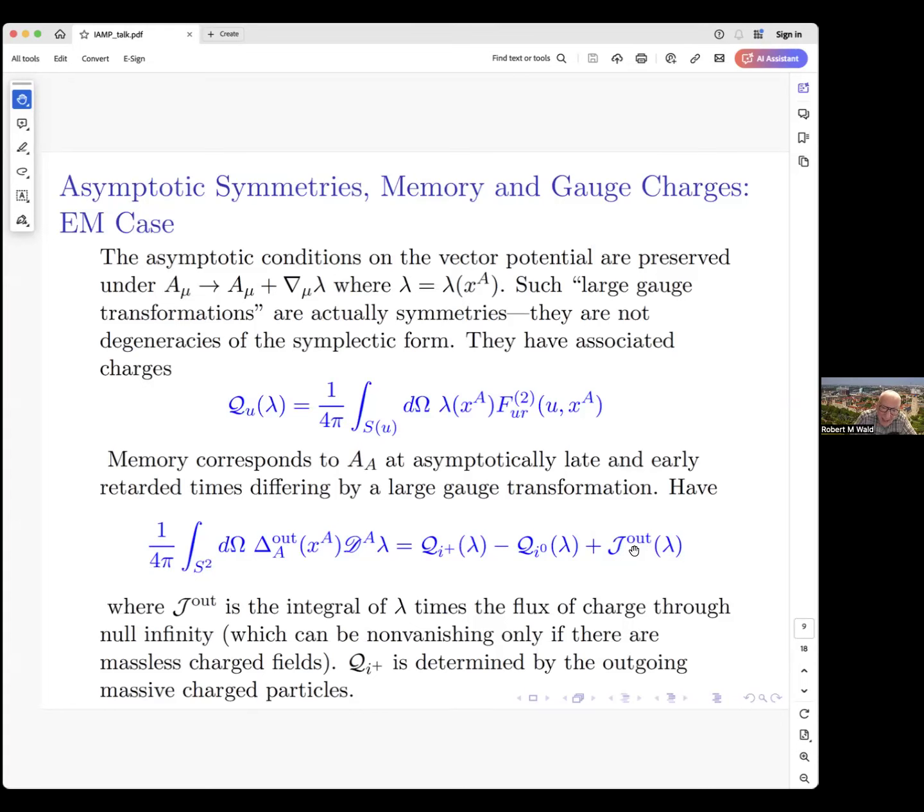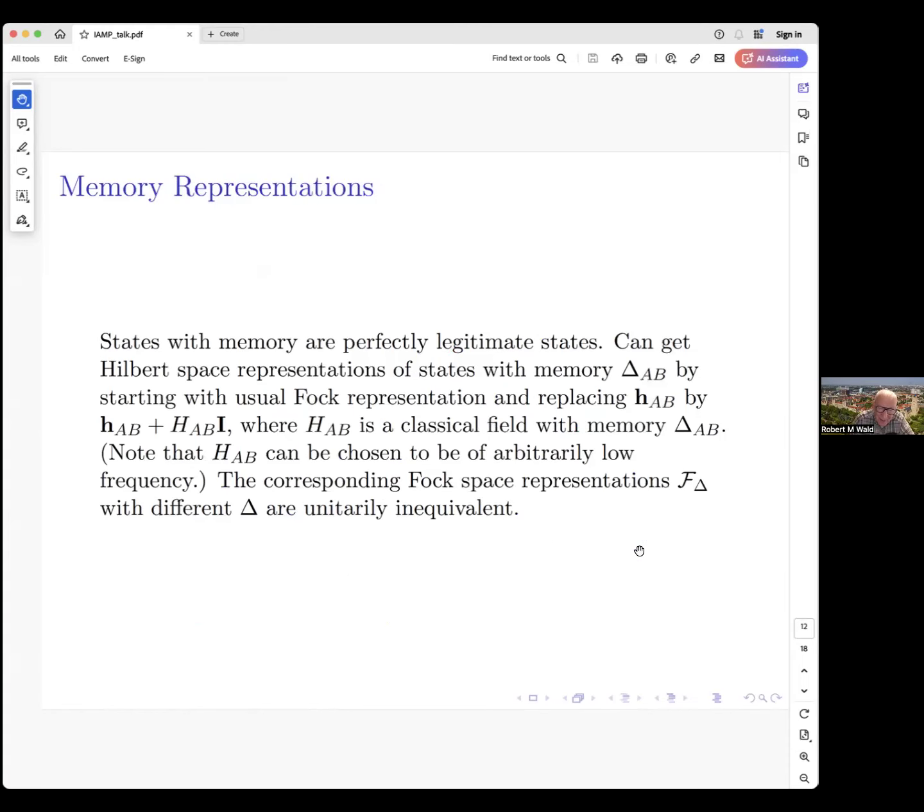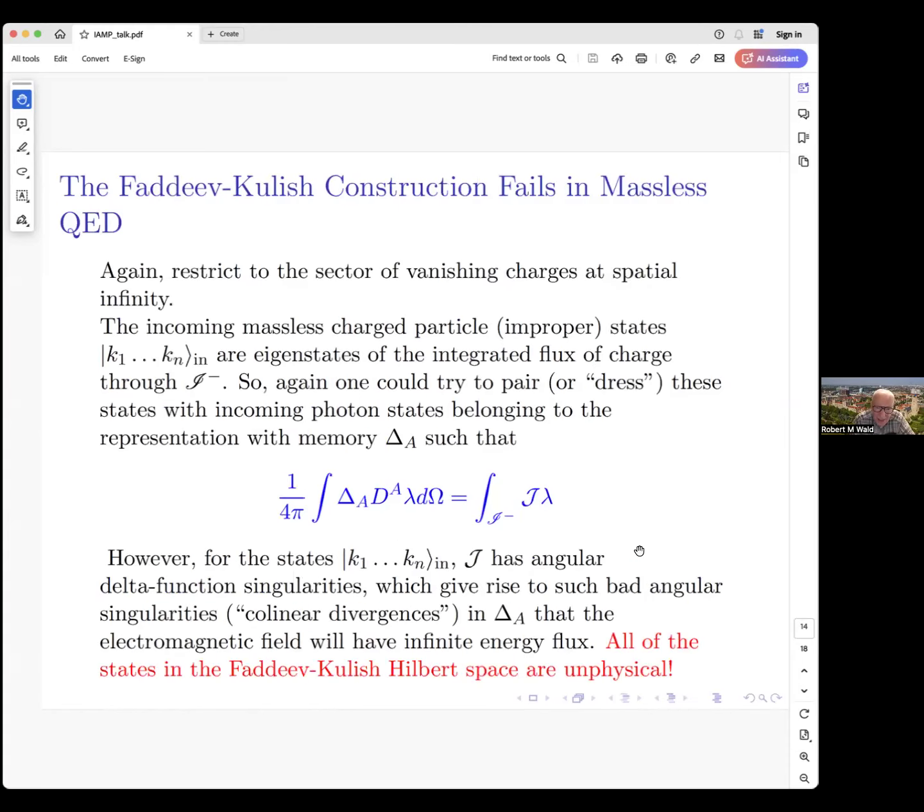And the problem is that, again, the eigenstates of this J will again be momentum eigenstates, just as they were in the massive QED case. But now these momentum eigenstates, so here's a typical improper momentum eigenstate of n charged massless particles with 4-momenta k1 through kn.